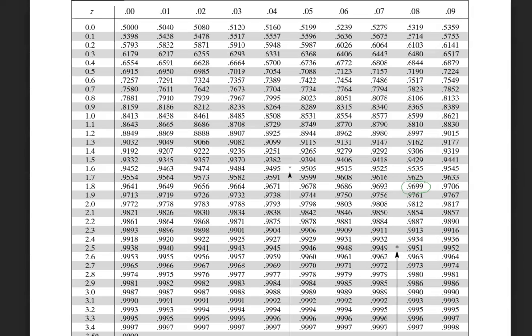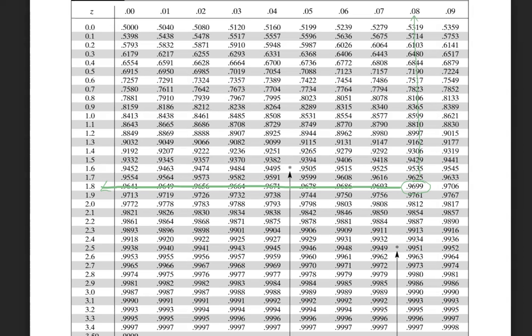That's the closest value we can get. And see, this corresponds to 1.8, and if you go up, it corresponds to 0.08. So 1.88 positive, of course. See, this is how it's calculated. This is how you should be finding the values.